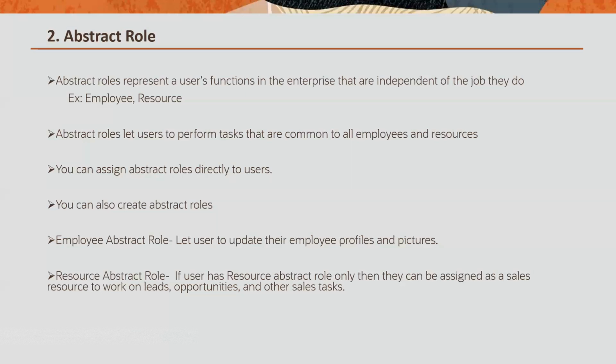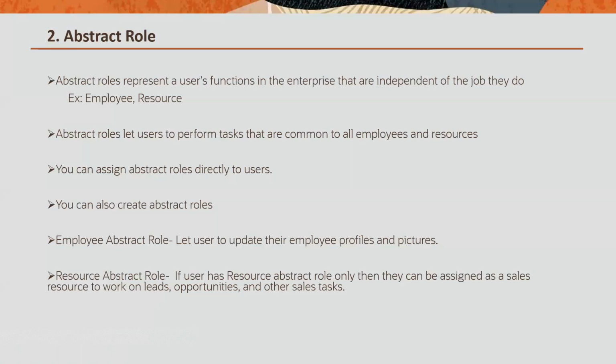So that is the abstract role. In a similar way, we have a resource role, which gives access to assign a particular user as an owner in an opportunity or lead. If you don't have the resource abstract role, then you cannot create a lead or own the lead.